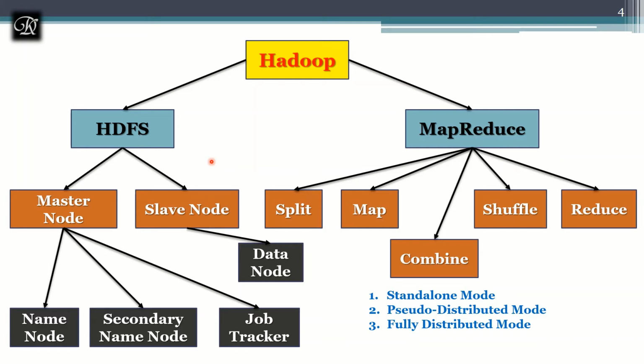The second one is the pseudo distributed mode, where again all the services are on the same machine but on different JVMs. You might be aware of how to install a virtual machine. When you have a virtual machine, you can have multiple virtual machines and connect them with Hadoop in a distributed architecture.